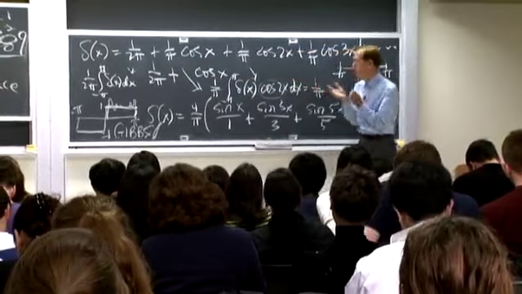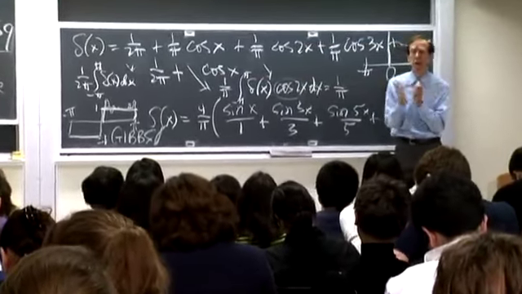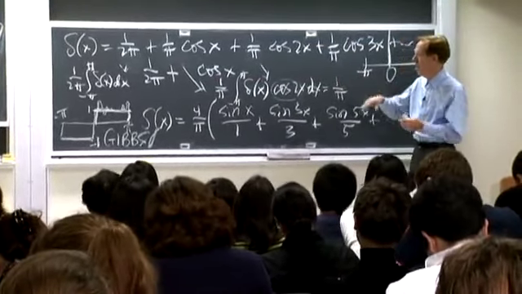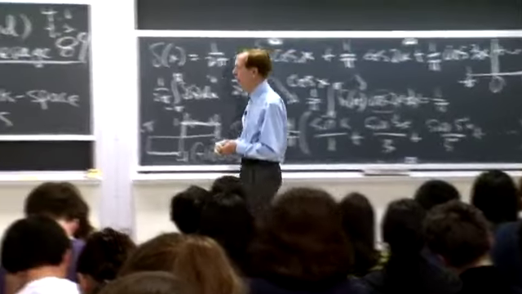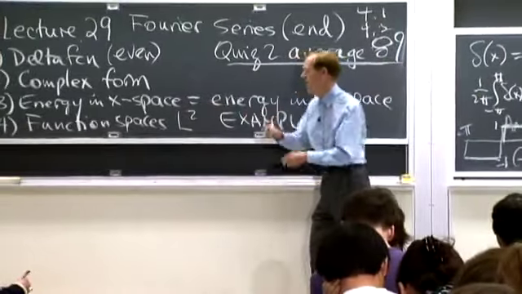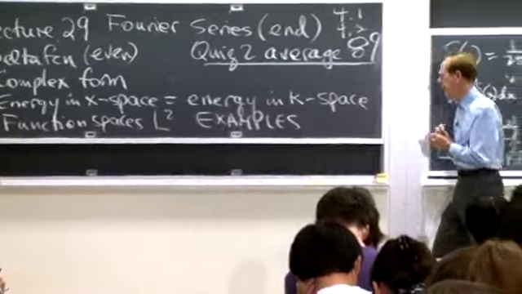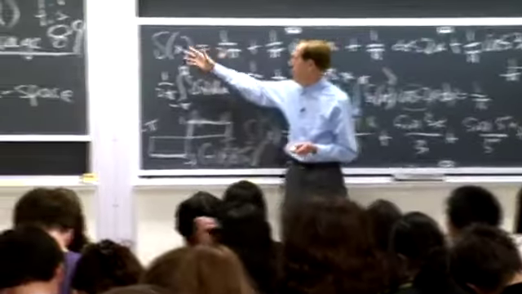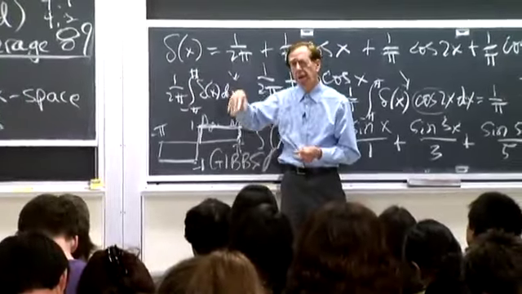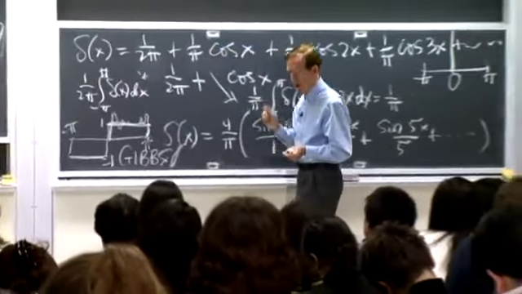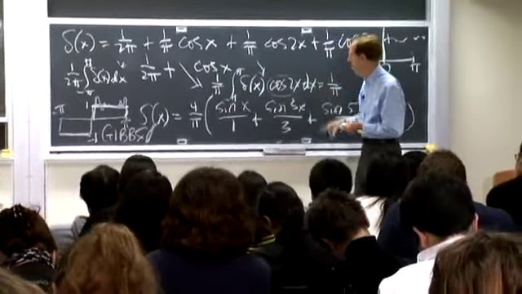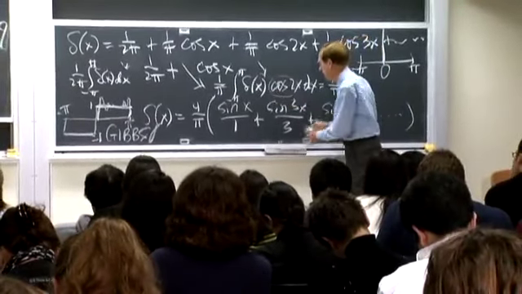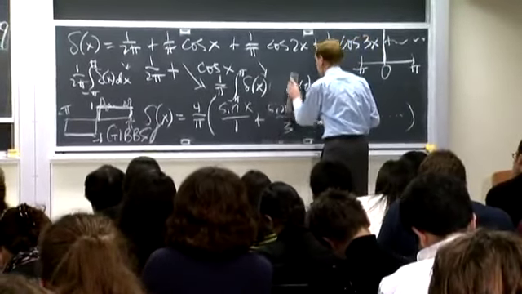Of course, some things will fail, like what's the energy? If I try to do energy in x space of the delta function or energy in k space, what answer would I get? Well, the integral of delta squared, its energy, is infinite, right? If I have delta times delta, then I'm really in trouble, right?